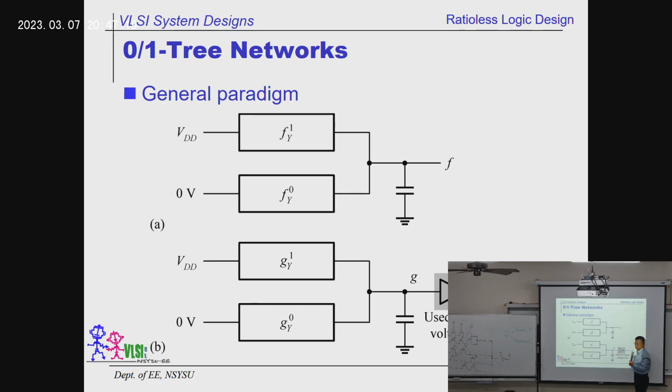An inverter here to pull up. For example, if you use an NMOS switch here, then you have a voltage drop, VDD minus VTH. Then you need an inverter or a buffer to pull up the output voltage to VDD. So this is used to restore the voltage level. All right, don't forget this part.